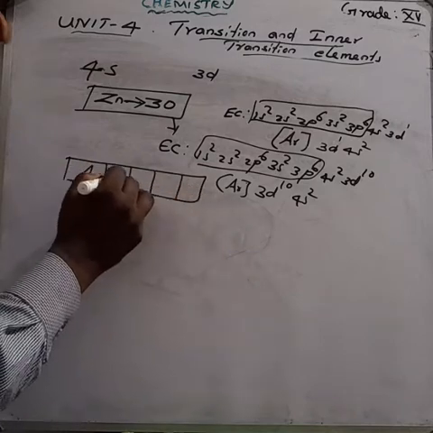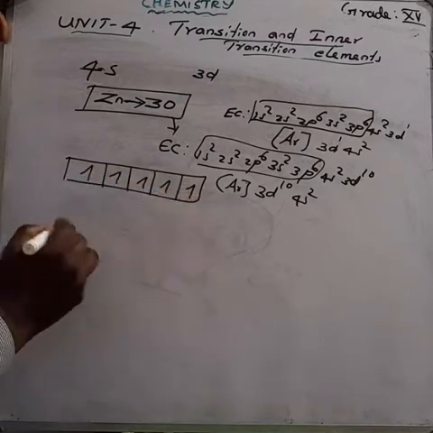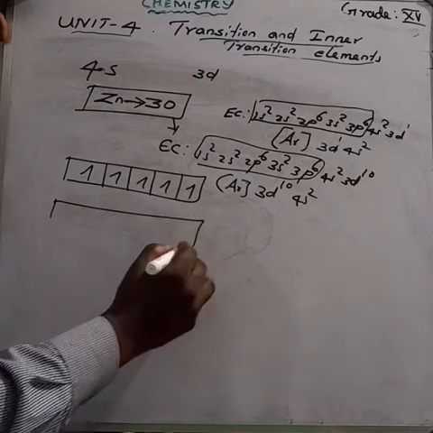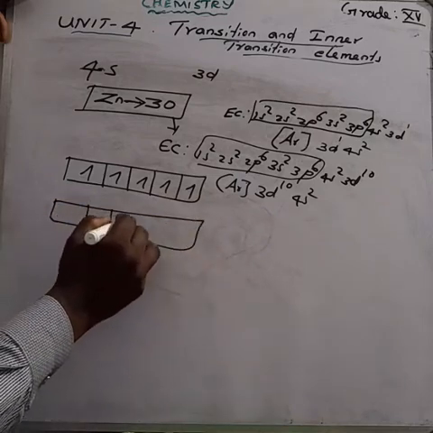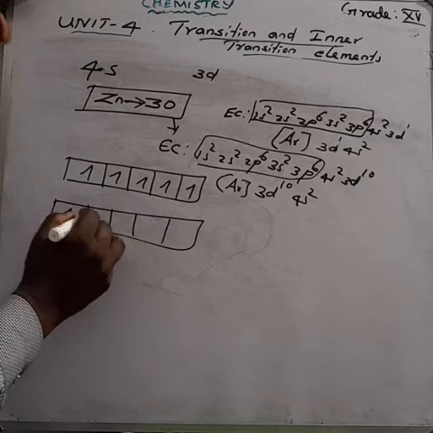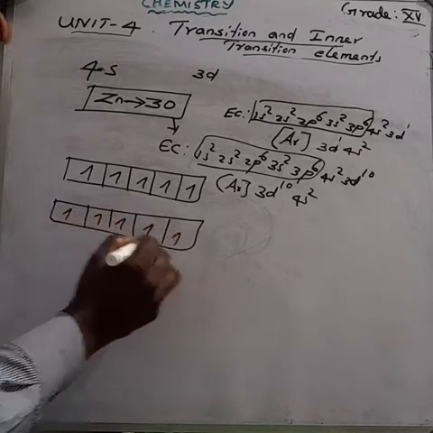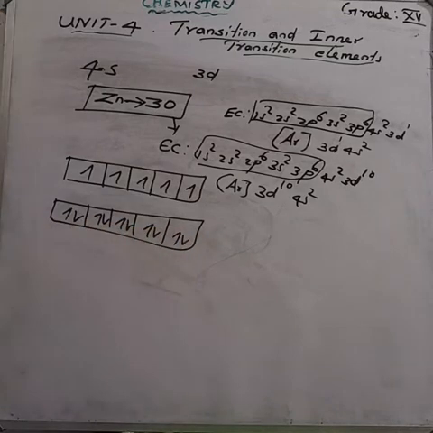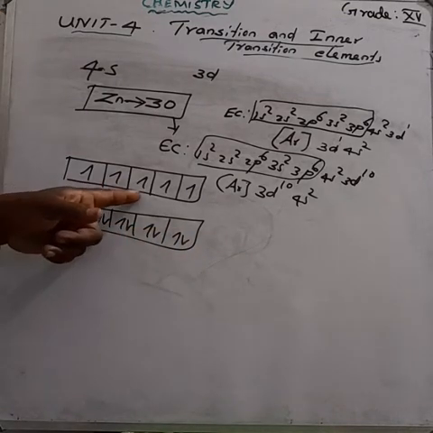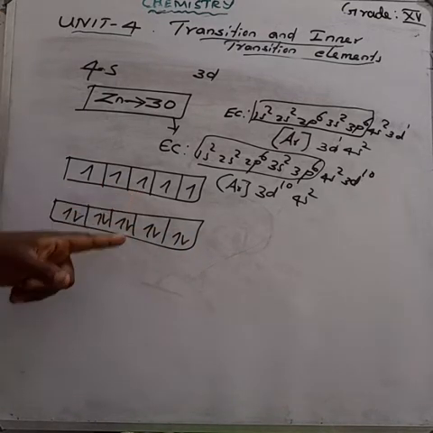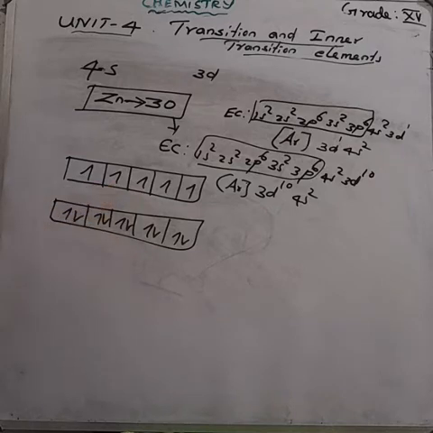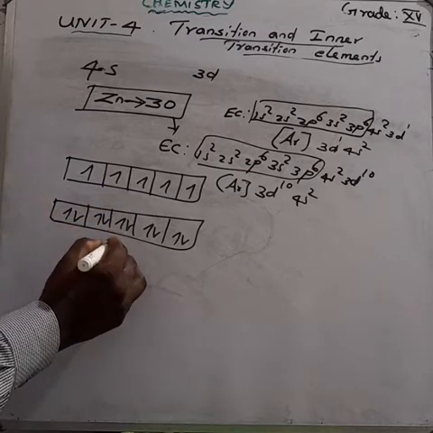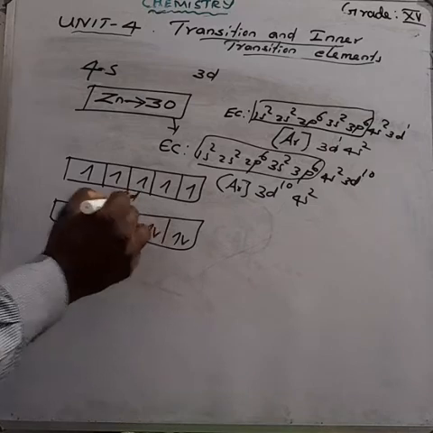If that happens, you have to give priority to that stable configuration. In the 3d orbital, if there is a chance of acquiring a half-filled or fully filled 3d subshell, it is given priority as the stable configuration.